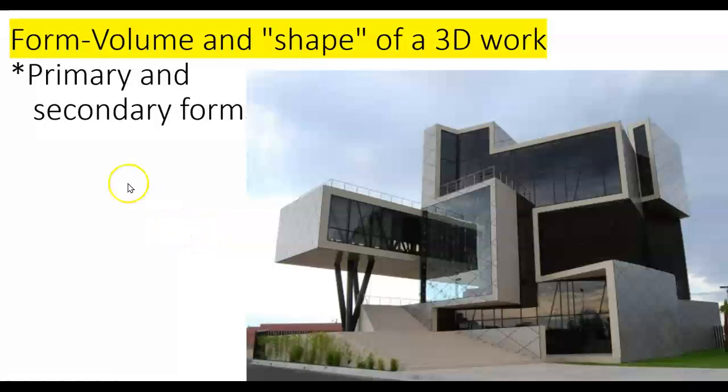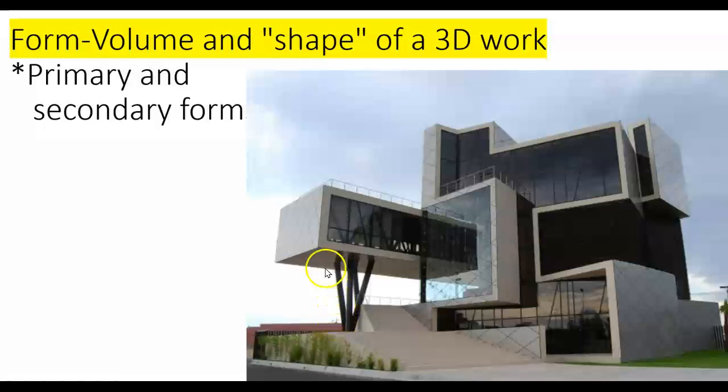The next element is form. It is the volume and shape, there's that 2D term again, of a 3D work. So we've got primary and secondary form. Let's see if I can bring this up. Anyway, watch this arrow here.